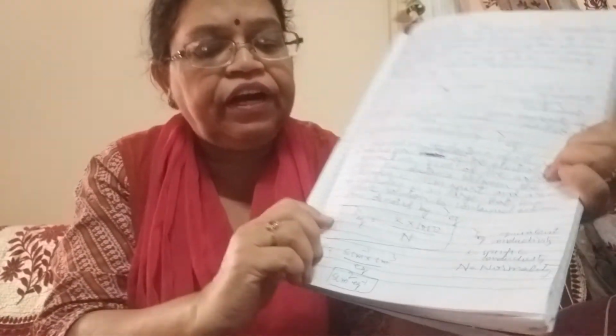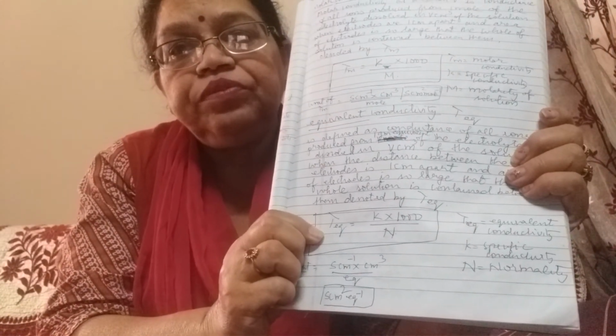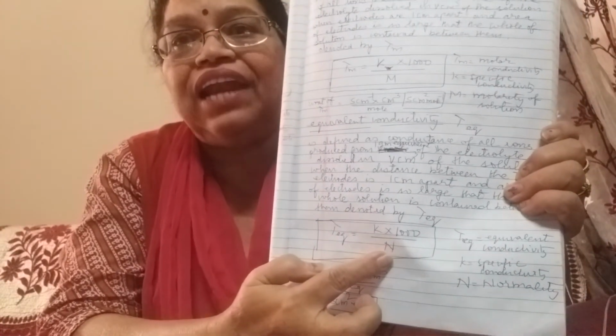Now how is equivalent conductivity related to specific conductivity? Equivalent conductivity is equal to kappa into 1000 upon normality.